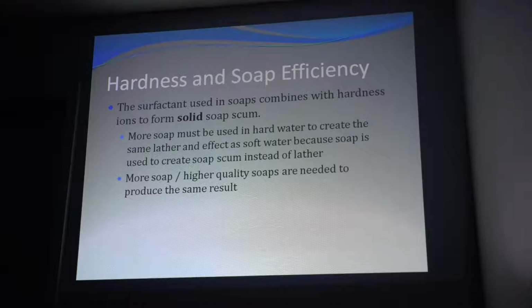Now what that means is if you fill a bathtub with hard water, before you can create one bubble, all of the calcium and magnesium that's in the water needs to be coated with soap before the remaining soap can create lather or suds. And when that calcium and magnesium gets coated, it becomes heavy, and it falls out.